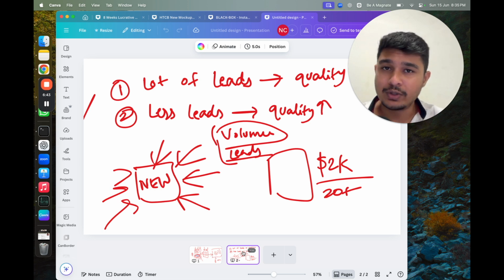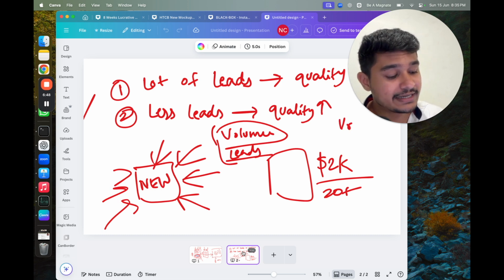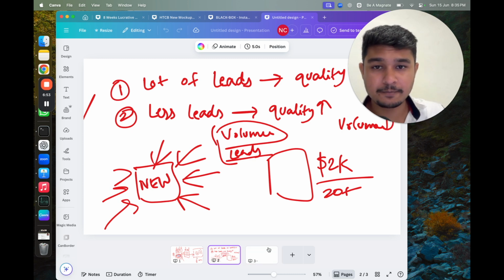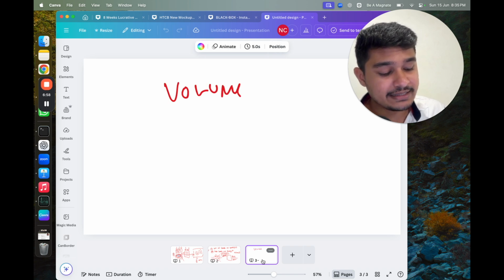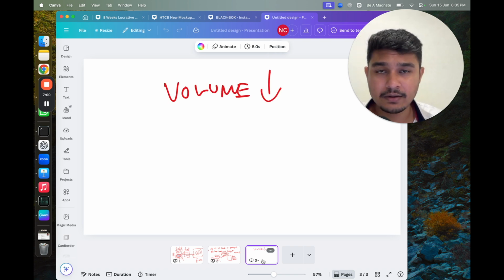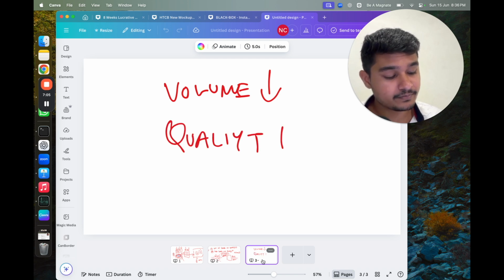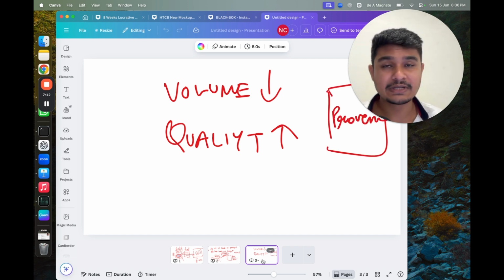So if you know the offer is proven, you can afford to decrease the volume of leads in exchange for quality. This is the second case, where you have an offer which is proven. Clear? These are just two examples that I gave you. According to this, you can understand what your lead flow requirements are.